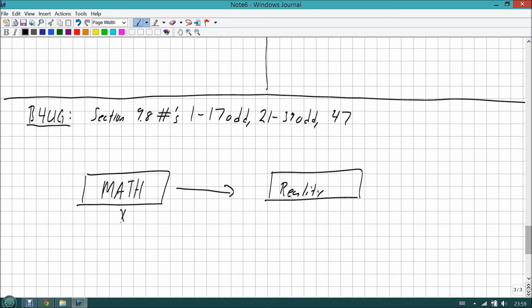And to go from math to reality, you use something called word problems. Because very, very rarely are you going to find a case where somebody goes up to you and says, hey, solve this problem for your job. It just doesn't happen. They're always going to be in the format of word problems, so you need to get them down.